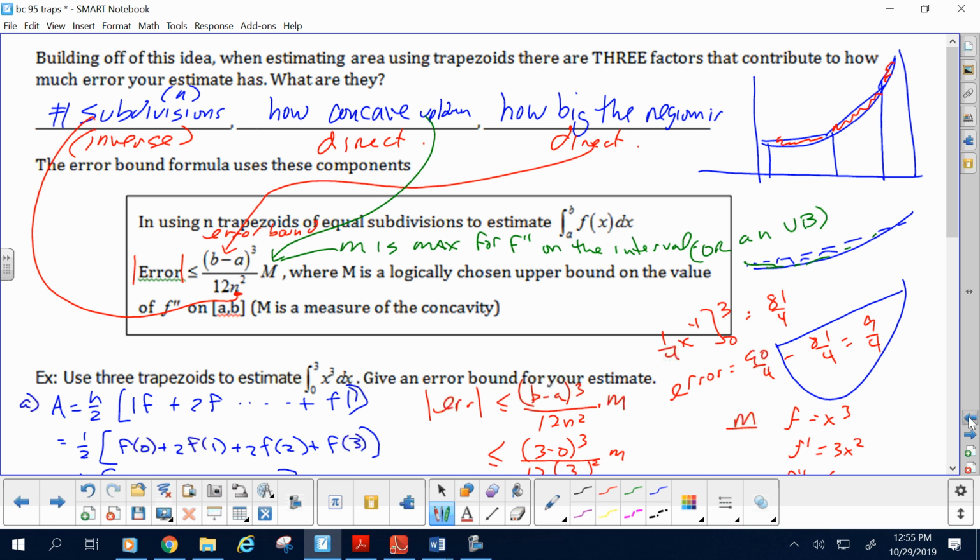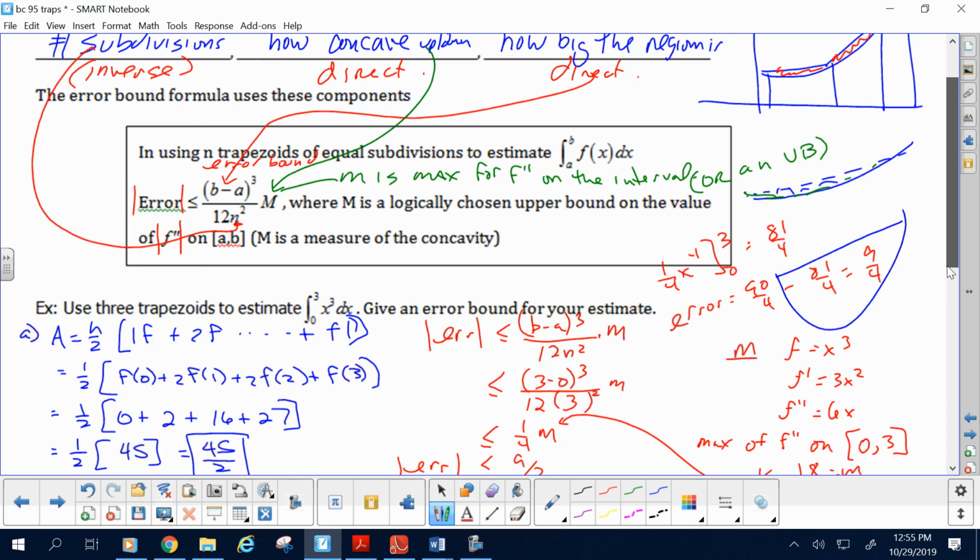Would you go back to your notes? In this box, it should be M is the logically chosen upper bound on the absolute value of f double prime. I don't care if it's concave up or concave down. I just want to know what's the maximum concavity measure.